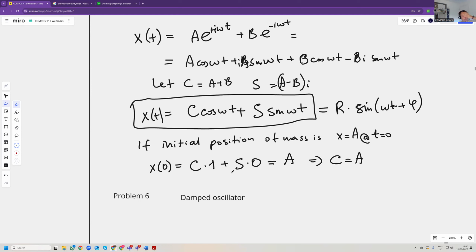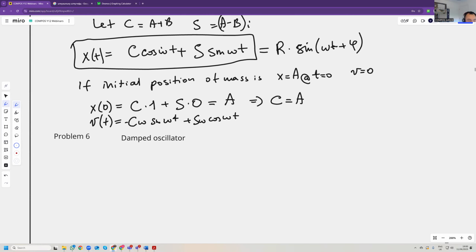Now, we also need to find the velocity. So we differentiate that, and we get v of t equal to minus c omega sine omega t plus s omega cos omega t. And we know that the velocity is 0 initially.